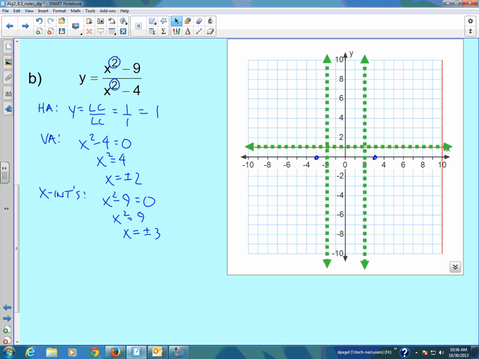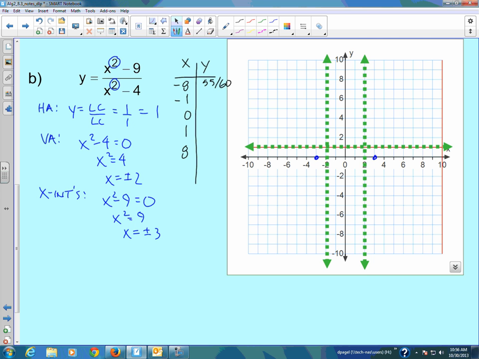Putting our table together here. I'm just going to use some of the same points I was doing before. Don't need to test negative 3 because I know I'm right there next to that asymptote. So I'm going to go ahead and test negative 1, and then 0, and then 1, and then an 8. All right, 64 minus 9 is 55 on the top. And then 64 minus 4 is 60, so 55 over 60.